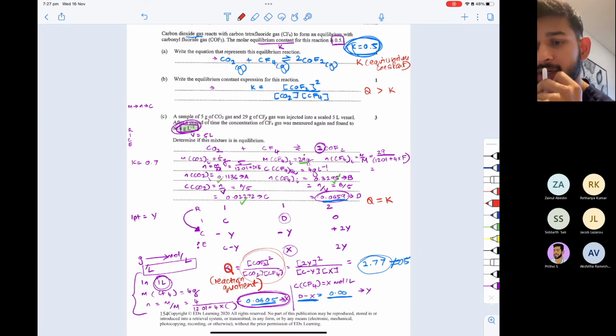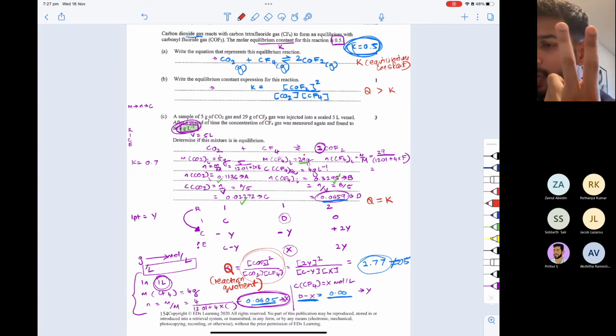Q is bigger than K, Zainul. What conclusion or judgment can you come to from this? It's not going to be in equilibrium. Yep, Sid's already said that, right? It's not at equilibrium. So I'm asking you, what's a further conclusion you can make? I'm not sure. Zainul, what does K tell you?